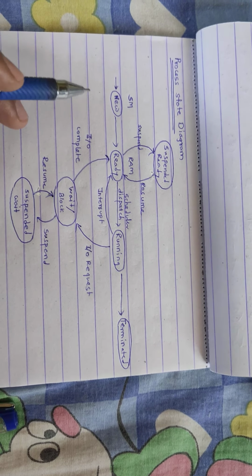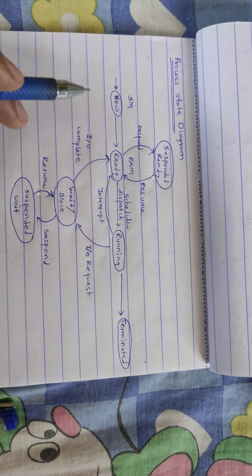When there is no space in the main memory or the waiting queue is full, the new process which is requesting IO needs to be swapped out to the suspended wait state on the secondary storage. So it has to wait there.